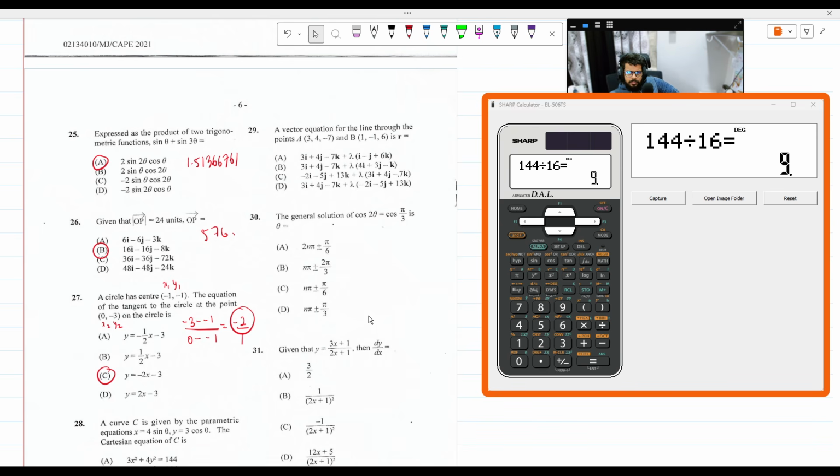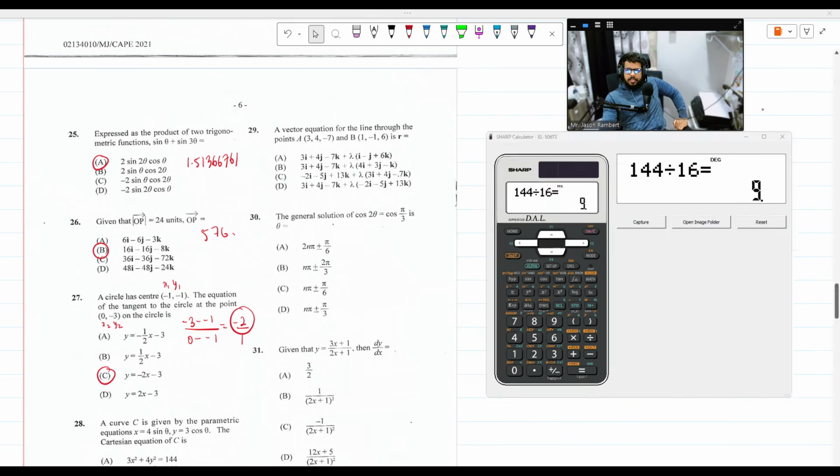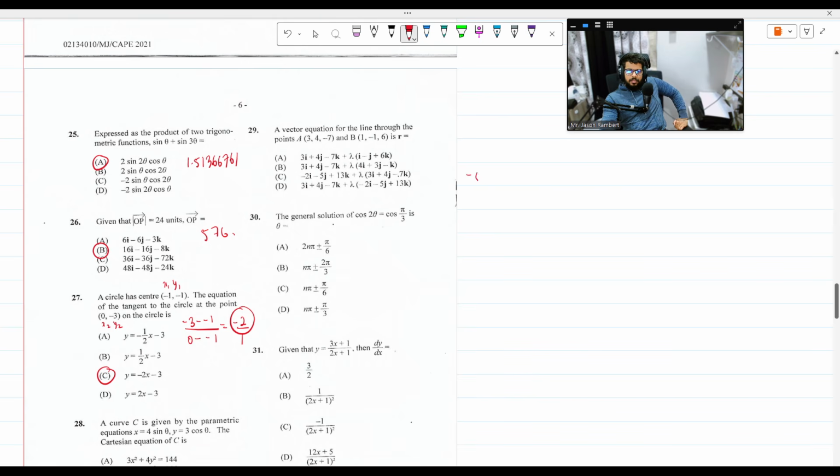Part B, I'm going onto the vector. Part B could be it. Part D could also be it. Minus 2i. So let's check and see what the vector AB is. AB is minus OA plus OB, which is minus 3, minus 4, 7, plus OB, which is 1, minus 1, 6.